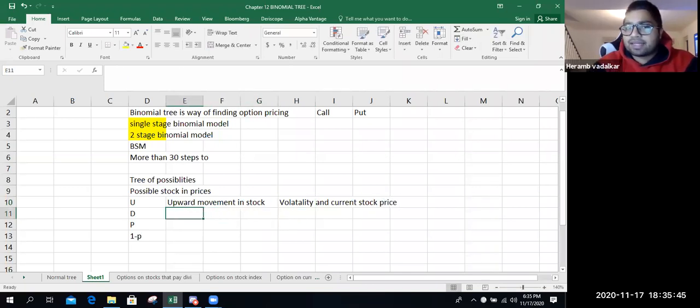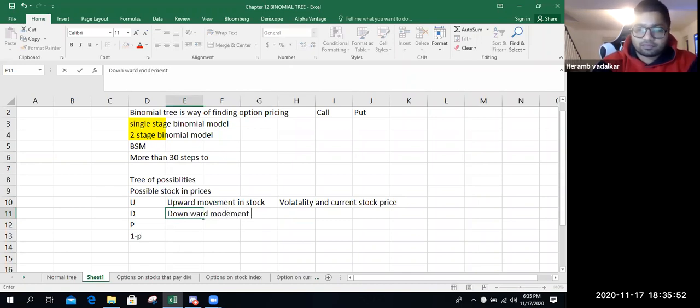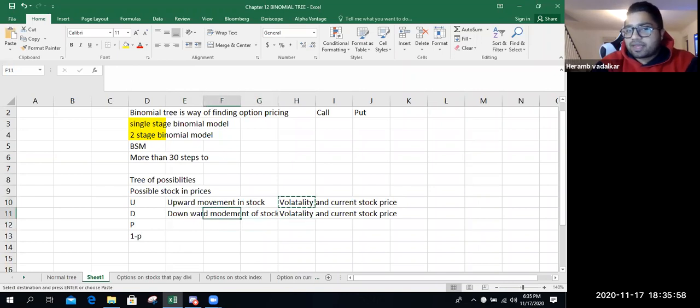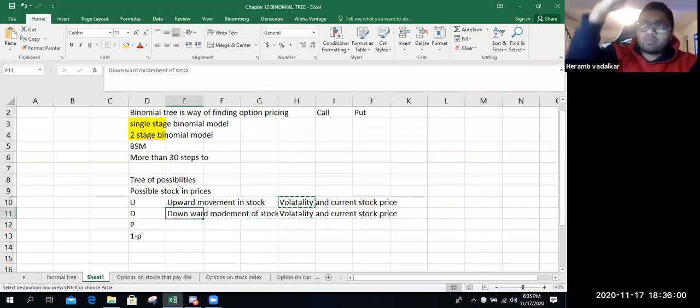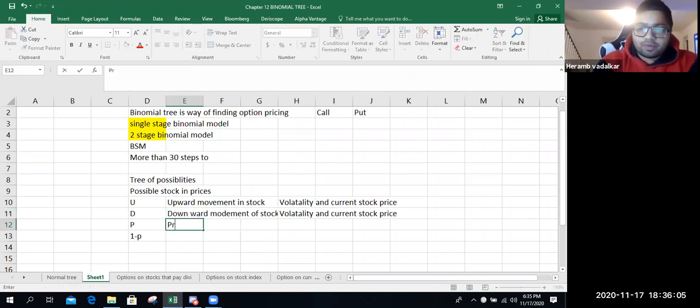Then D is downward movement of stock, which is again based on volatility and current stock price. Downward movement means how much down can the stock go. P is probability of going up, and 1 minus P is probability of going down.